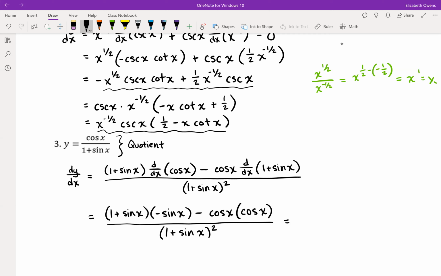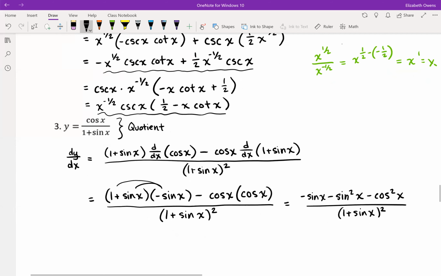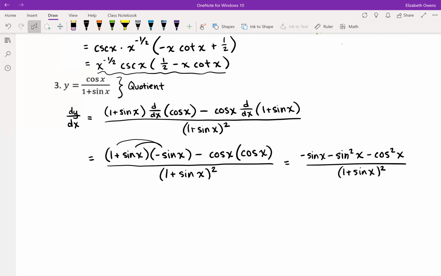All right, now let's do a little distribution up top. We'll have negative sine x minus sine squared x and minus cosine squared x, all over 1 plus sine x squared. Okay, we are on the lookout for simplifications, so let's factor out a -1 in the numerator.